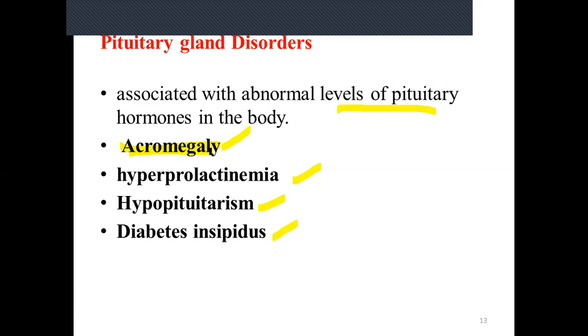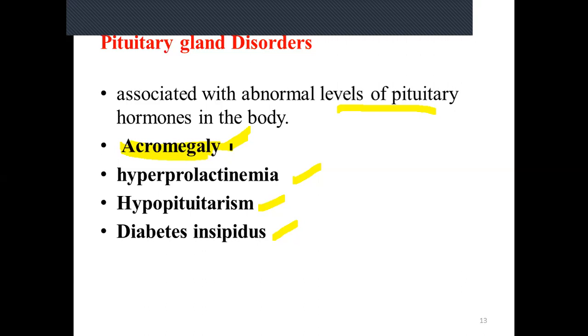I think maybe it's excess production of growth hormone by the pituitary gland. Okay, good. That is mostly excessive production of growth hormone, but mainly we call this condition acromegaly when it occurs in adults, after closure of the epiphyseal cartilage.